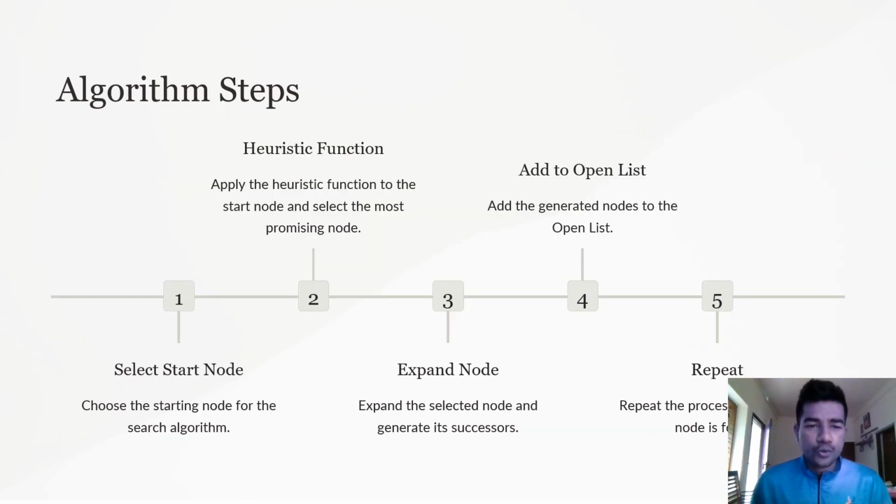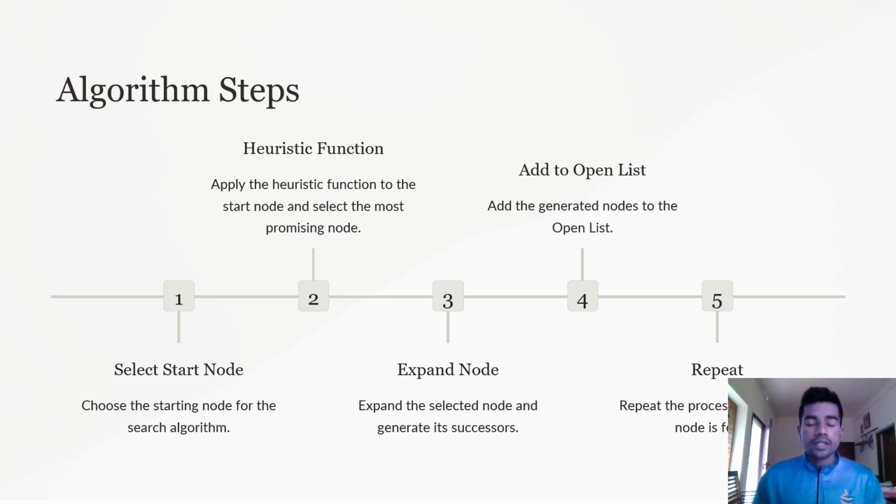Next, we are going to see the important terms or the steps in best first search. Initially, we select a starting node. Choose the starting node for the search algorithm. Then apply the heuristic function to the starting node to select the most promising next node.